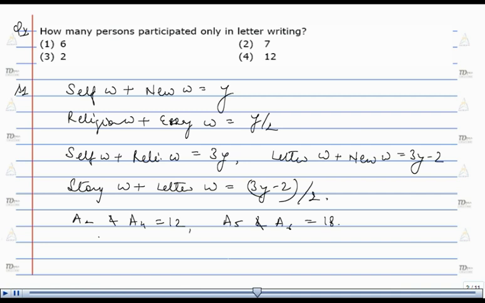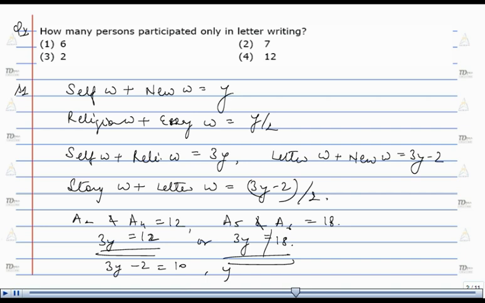Therefore, 3y is equal to 12 or 3y is equal to 18. But since the table has to have 3y minus 2 also, 3y cannot be 18. Therefore 3y is equal to 12. That is, 3y minus 2 is equal to 10.